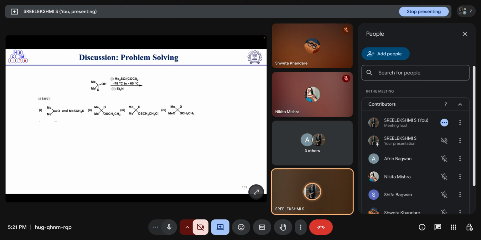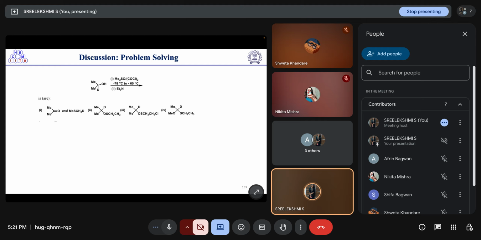So moving to the fourth question. Here a reaction is given. A deuterated alcohol is treated with dimethyl sulfoxide, DMSO, oxalyl chloride, and then triethylamine. So this is one oxidation condition. What is happening? Which will be the major product here?